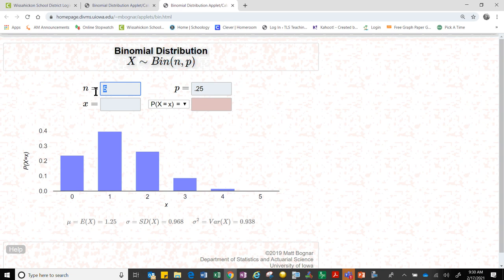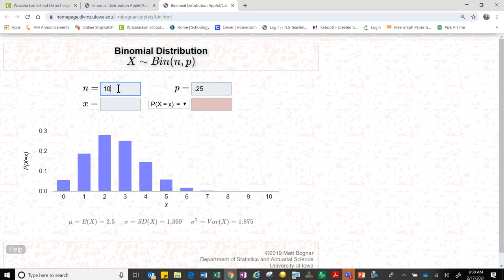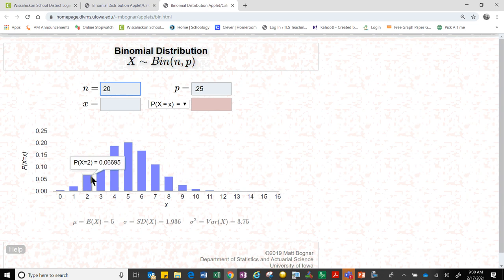So hopefully you can kind of see that. Let me change this to N equals 8. And then let me change it to 10 again. And then let me change it to 20. You can kind of see that the shape of my distribution is changing dependent upon both of these things.